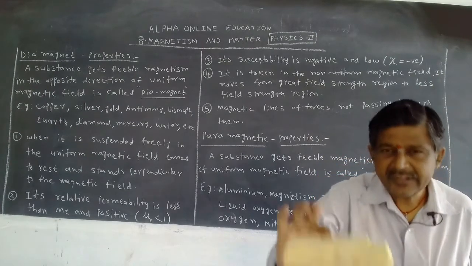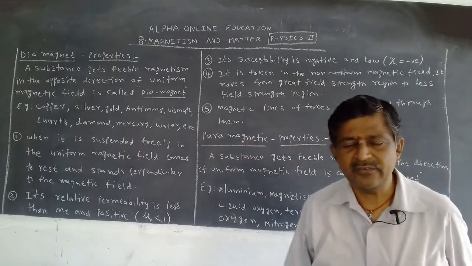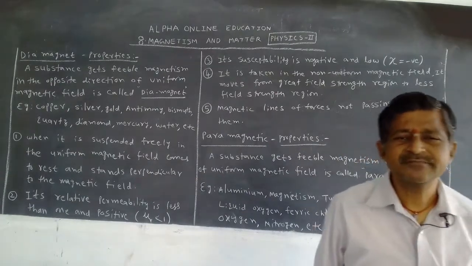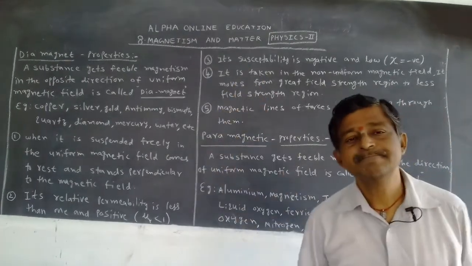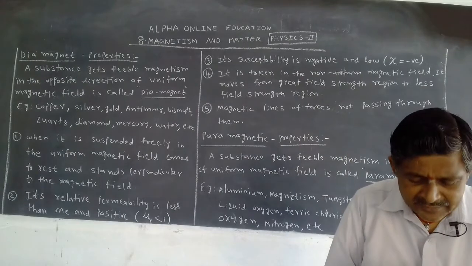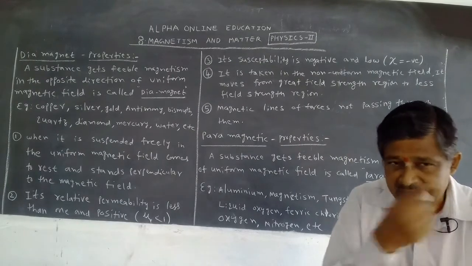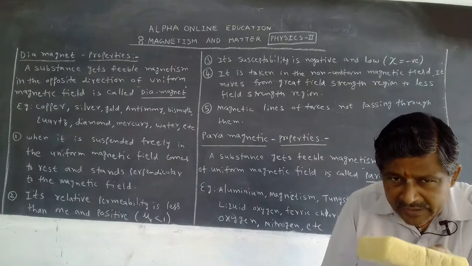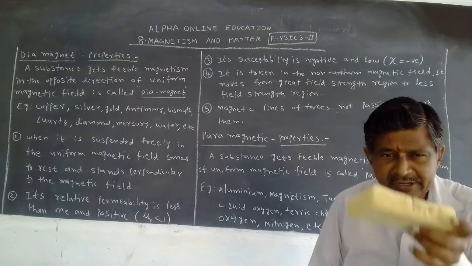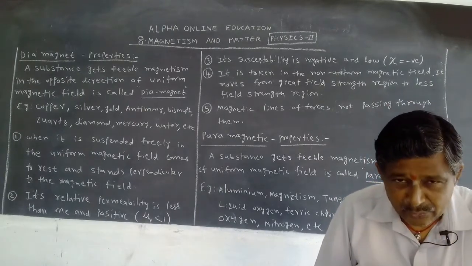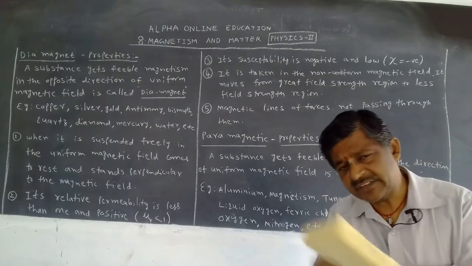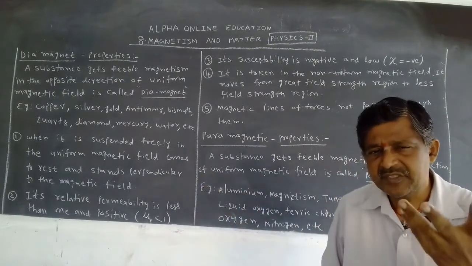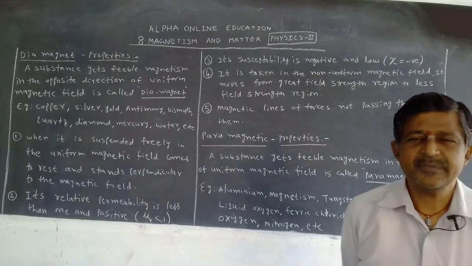When it is removed from the external magnetic field, the feeble magnetism disappears, like in a diamagnet.